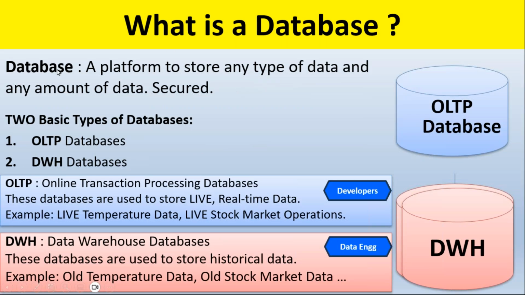One more slide. Database, to store any type of data, any amount of data, two basic types. OLTP, to store live real-time data. SQL developers will take care of database design, but we, data engineers, from tomorrow, are mainly into historical data, our primary focus.